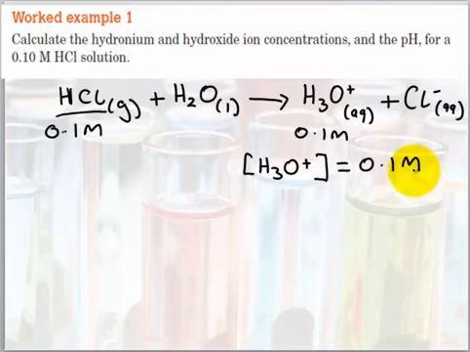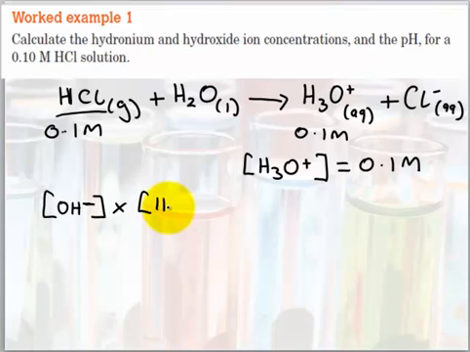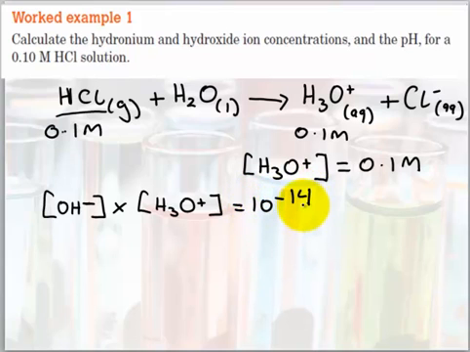And we can remember that the concentration of OH negative times the concentration of H3O positive equals 10 to the negative 14.